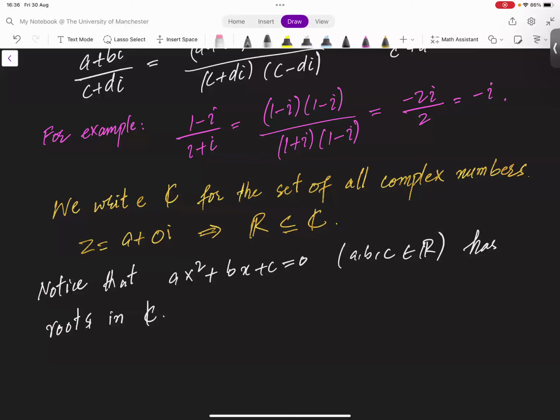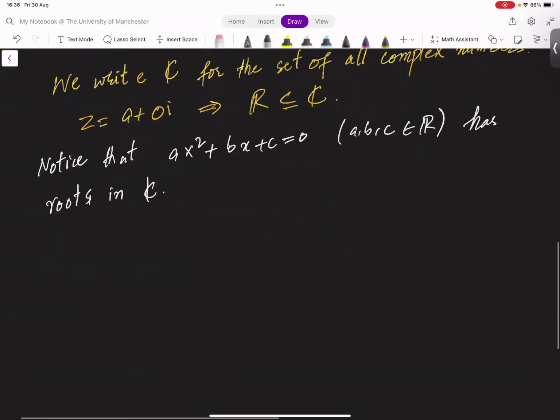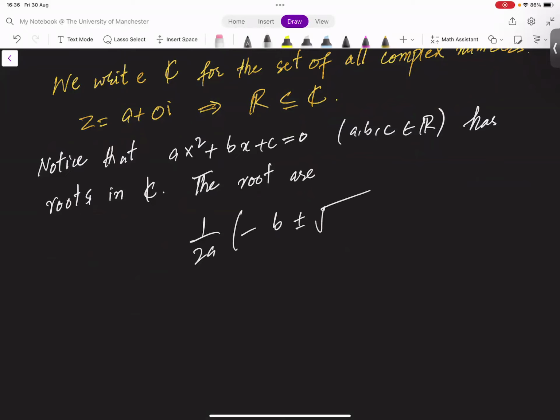Now, by the famous formula we are familiar with, the roots are 1 over 2a times (minus b plus or minus the square root of b square minus 4ac). Okay, this is the famous formula, and from there we can always find the roots.